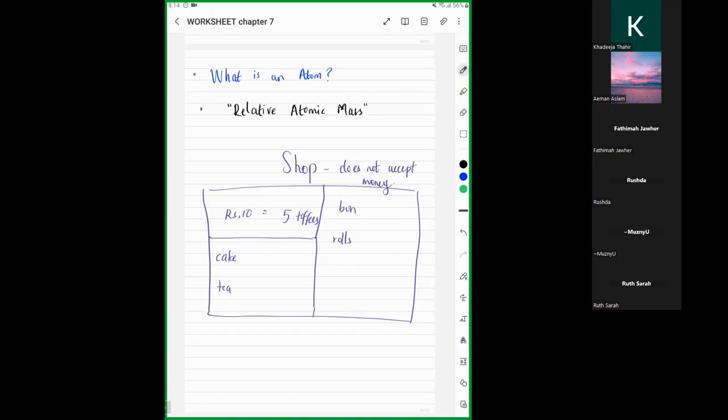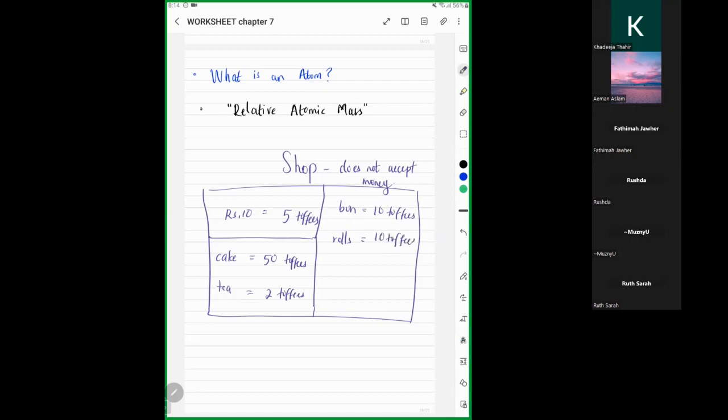Let's say they're selling cake, tea, bun, and everything else on the menu, but the price of everything is not written in rupees. They're writing it in terms of toffee. For example, cake is 50 toffees, tea is probably 2 toffees, bun is probably 10 toffees, and rolls we just say 10 toffees.